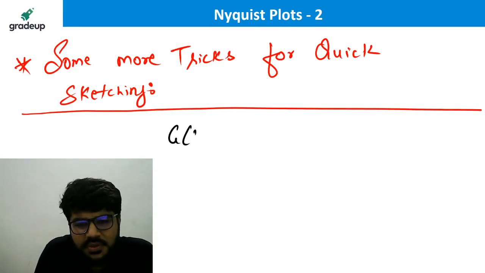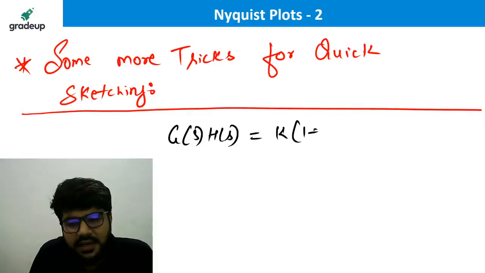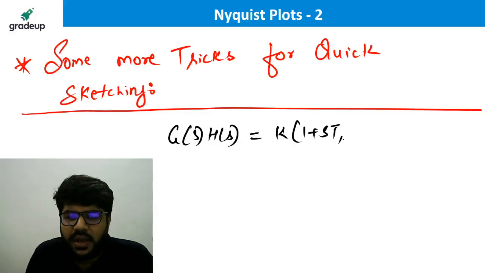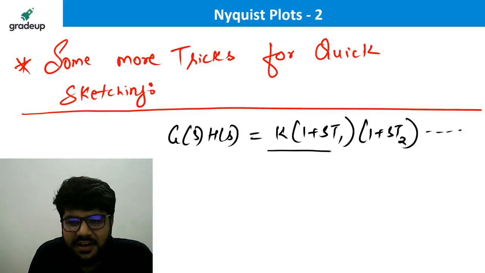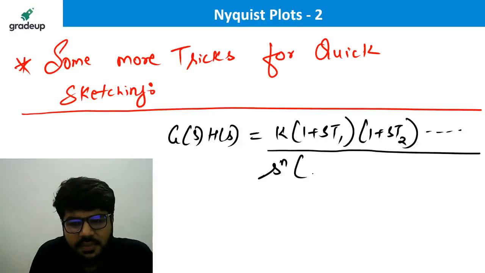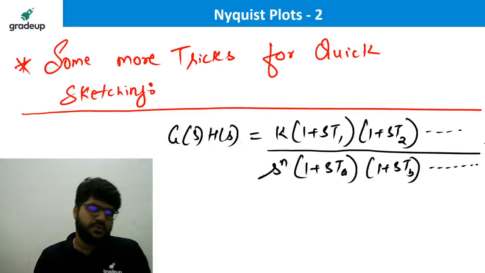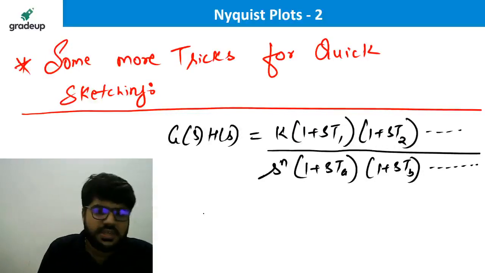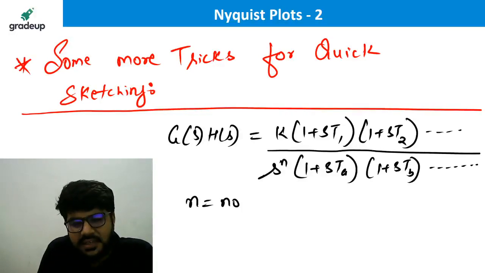So listen, suppose that you have G(s)H(s) given to you as K into (1 plus sT1)(1 plus sT2), some zeros, divided by s raised to the power n, (1 plus sTa)(1 plus sTb), etc. So you have some zeros, some poles, and some poles at the origin. Here n is the number of open loop poles at origin.